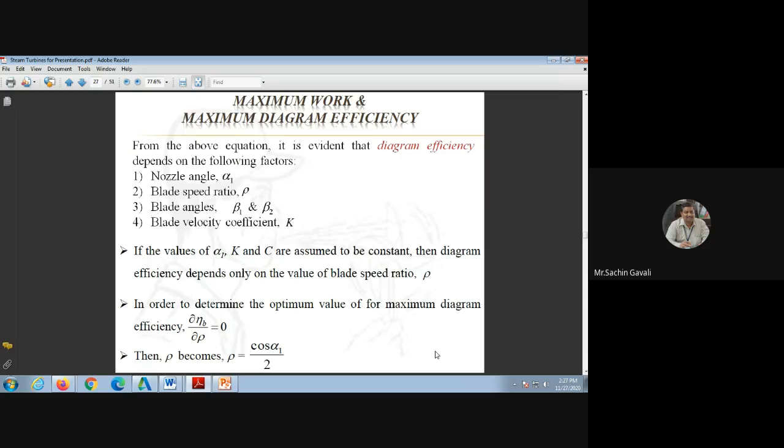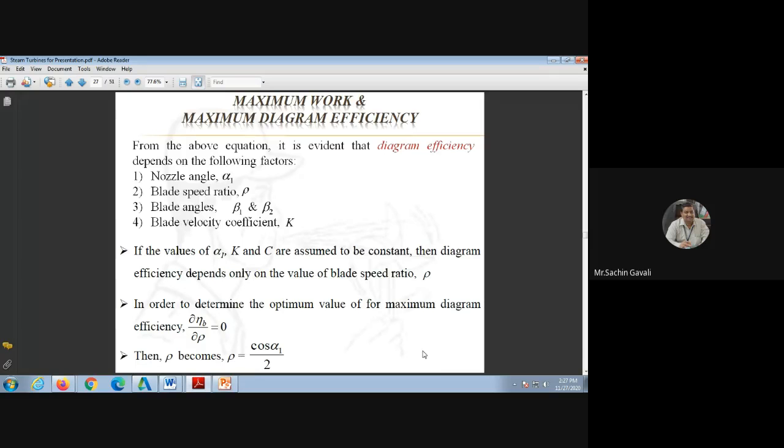Now here, from the above equation, the diagram efficiency, the efficiency of the blade, depends on the nozzle angle at which the nozzle is located, then the blade speed ratio, which is called rho, u upon v1, the blade angles beta 1 and beta 2, and the blade velocity coefficient k, where k is equal to cr2 upon cr1, or friction coefficient.